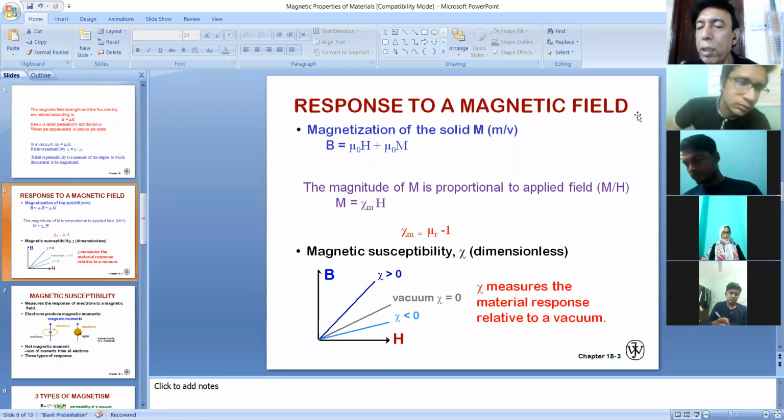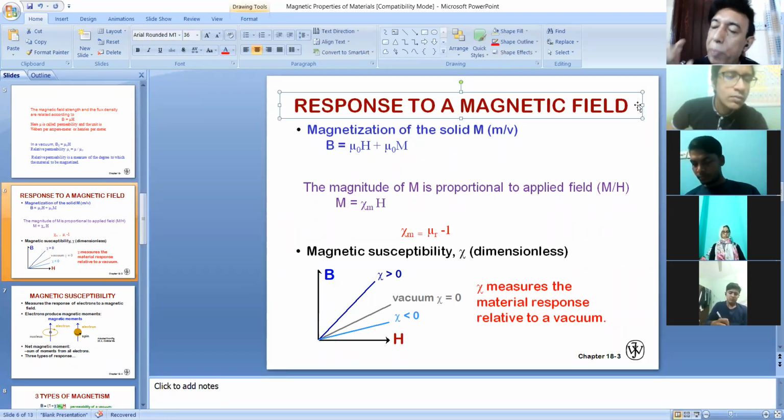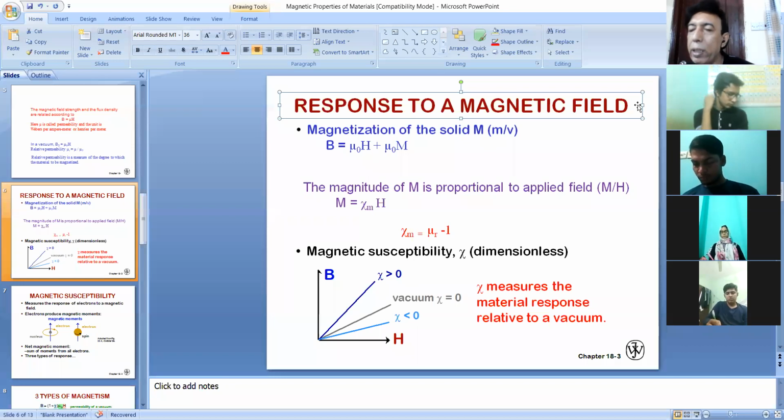H is the applied magnetic field, the strength of the applied magnetic field, and B is the strength of the magnetic field of your own material, which you want to see.